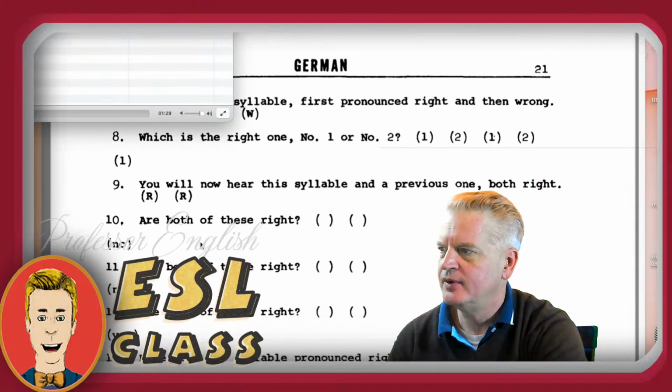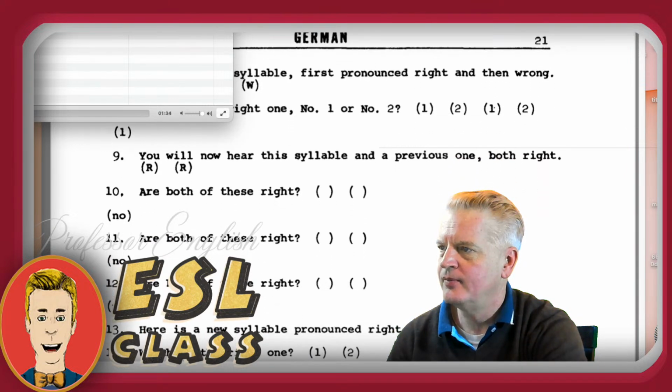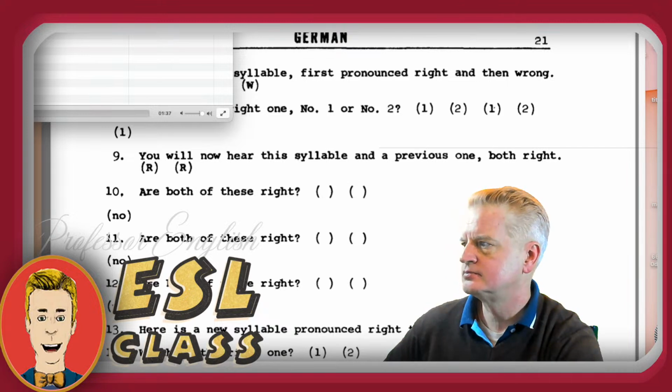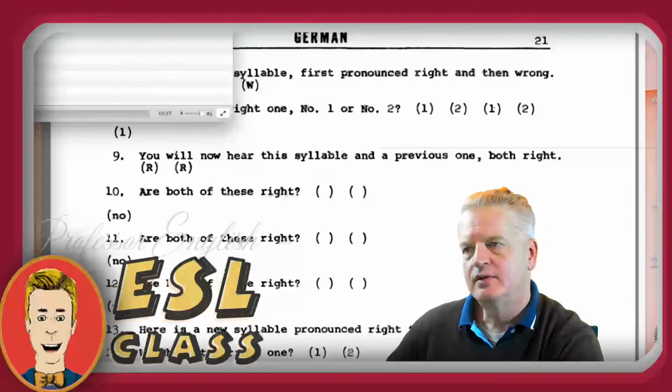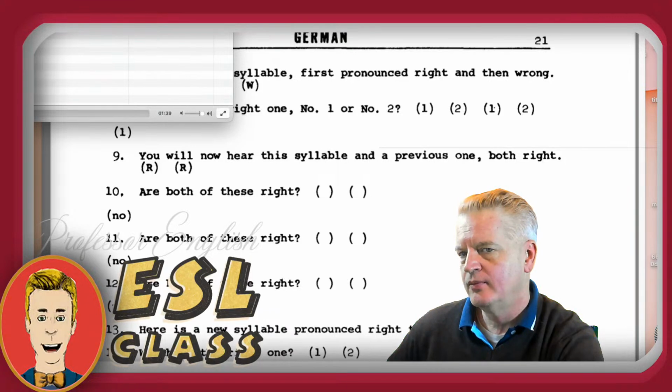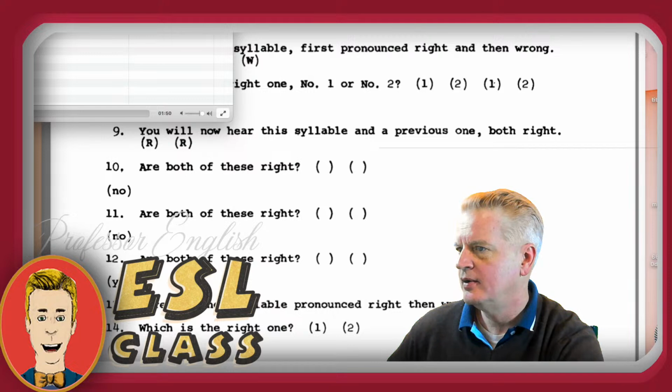Number 1, she, number 2, she. 9. You will now hear this syllable and a previous one, both right. She, V. 10. Are both of these right? She, V. No. 11.